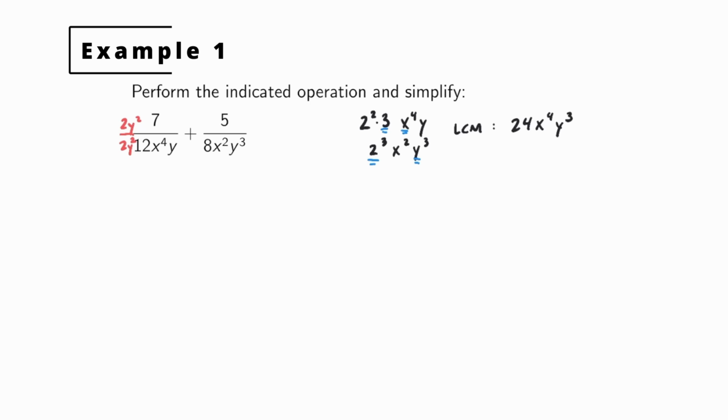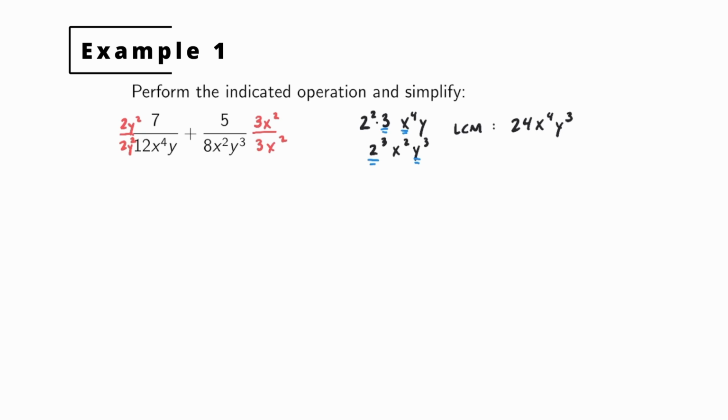Now in the other one, what am I missing from the denominator to get the least common denominator? I need a factor of 3 so that I have 8 times 3 is 24, and I'm missing a factor of x squared, right? If I want to multiply x squared by x squared to get x to the fourth. So we multiply the numerator and denominator by 3x squared.